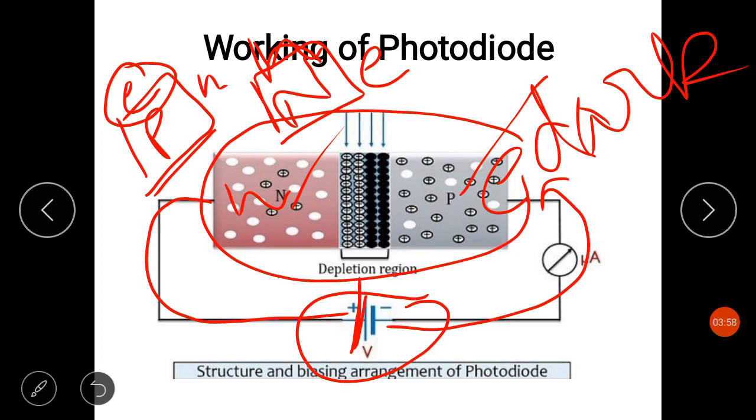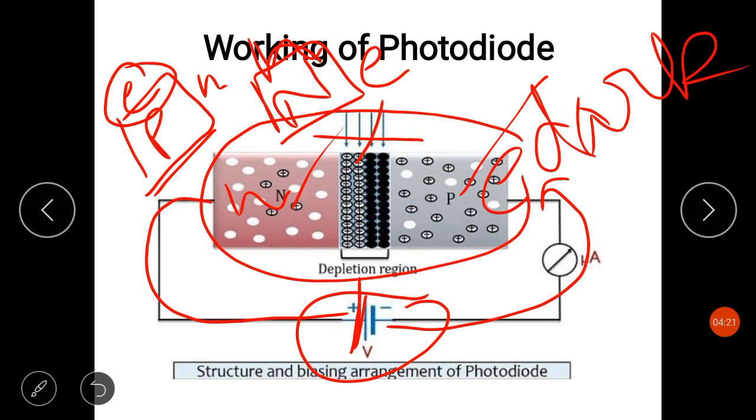That is, when there is no light illuminating the photodiode, the current that will flow through it is the dark current, and that current is the reverse saturation current, because the photodiode is operated in reverse biased mode.